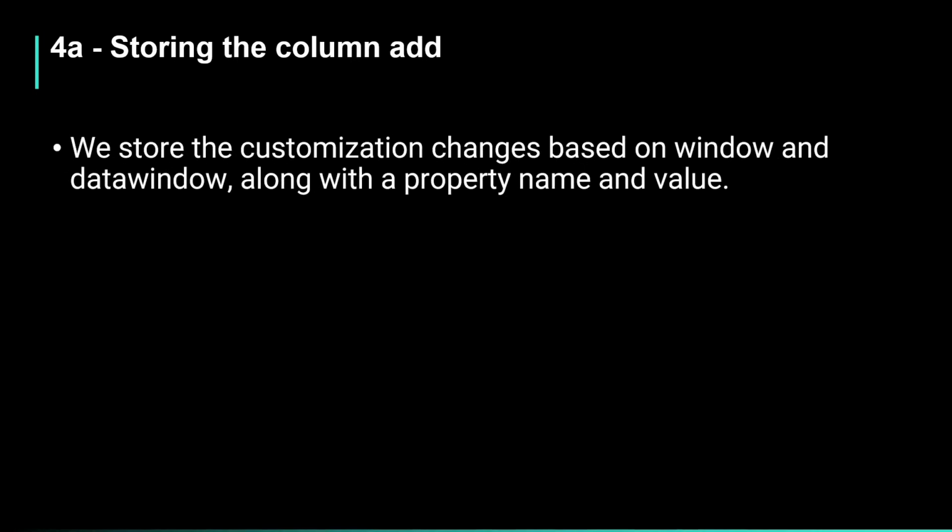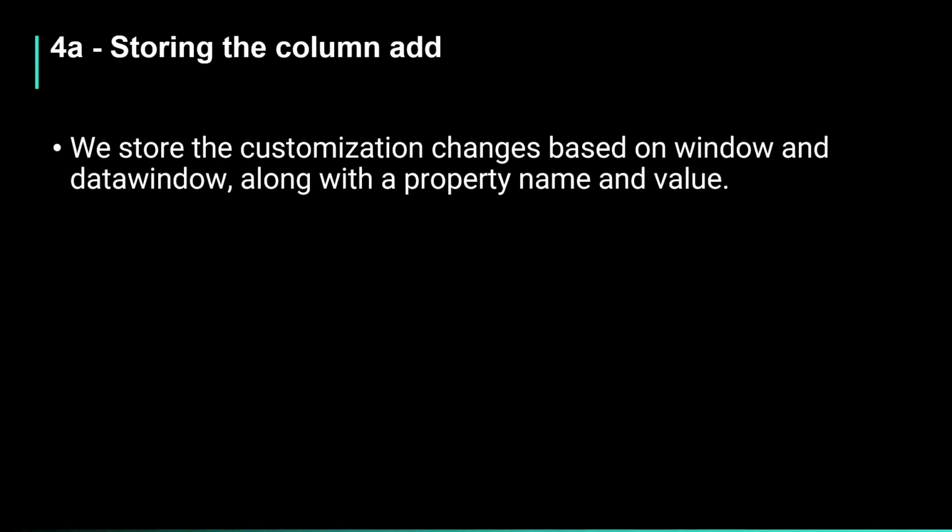So once you've built some of those things, what we do is store the 2 components, which in my mind is really changing or adding the column to the SQL syntax, and then also adding the buffer and visual components. When we do the customizations for this sort of thing at runtime, we store the window and DataWindow class names along with the property and value.